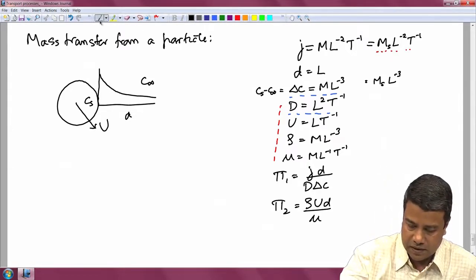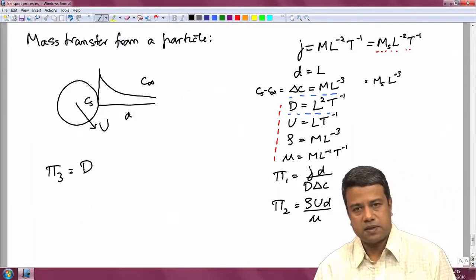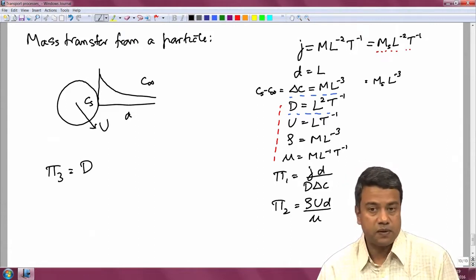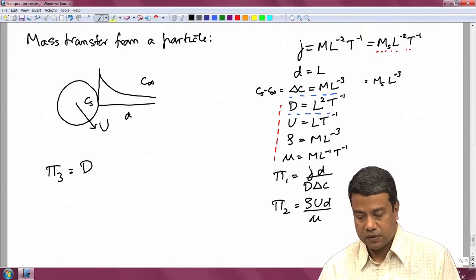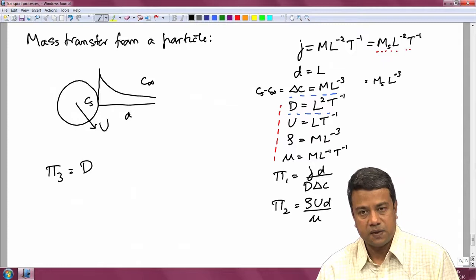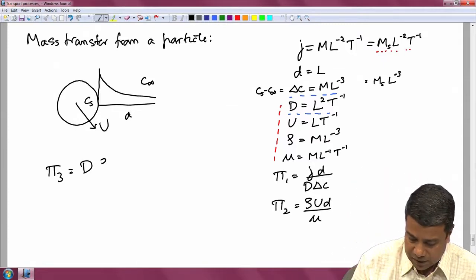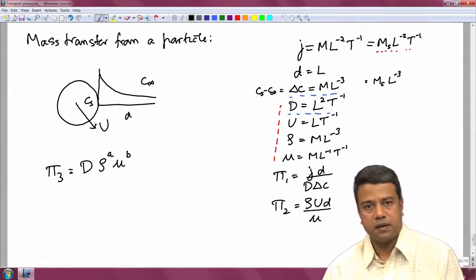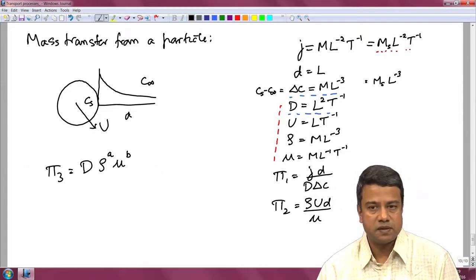So if I consider a dimensionless group, phi 3, the diffusion coefficient has dimensions of length squared per unit time. So I need to non-dimensionalize that with two other mechanical quantities. In this particular case, I could take them as the density power A and the viscosity power B. That is the simplest consideration because both density and viscosity have dimensions of mass.